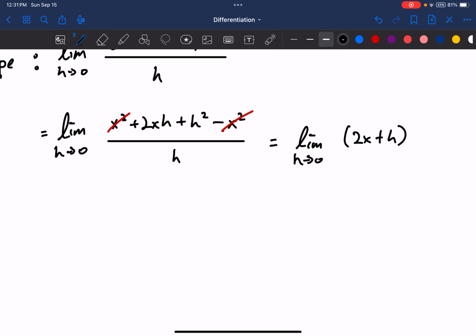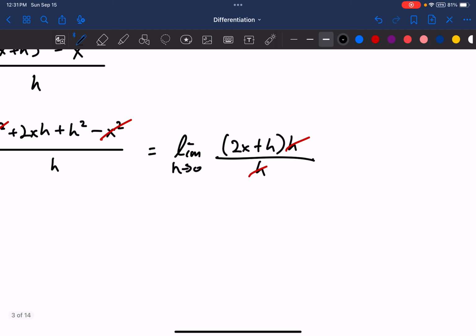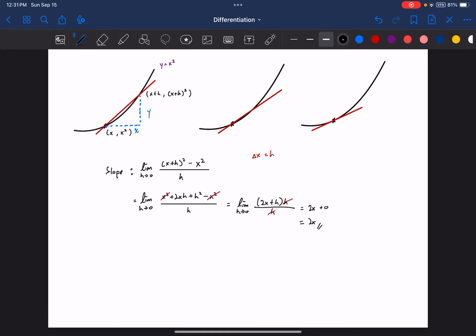I take the h out, h cancels, and we are left with 2x plus h. Then I substitute h approaching 0 inside, and I will just get the answer as 2x. So this is how you find the slope of a curve, or the tangent.